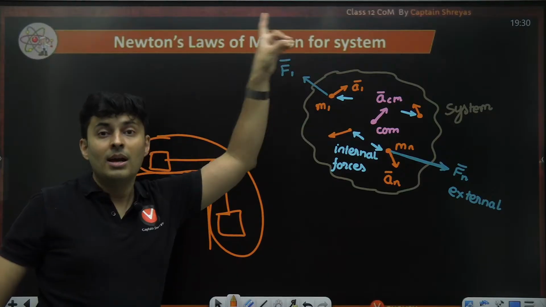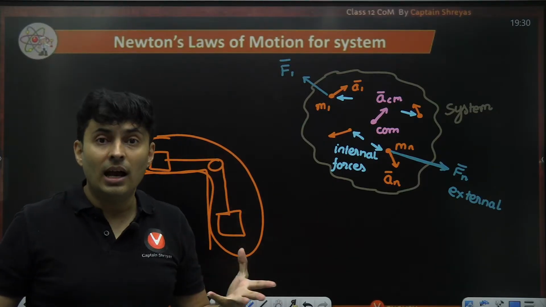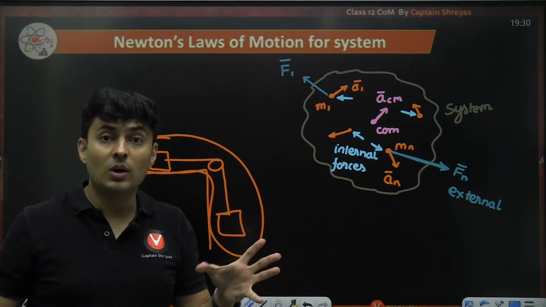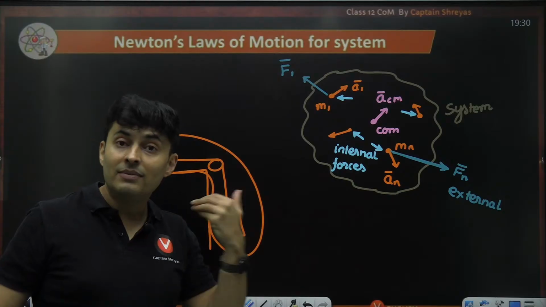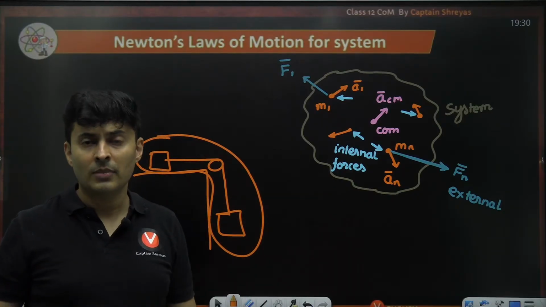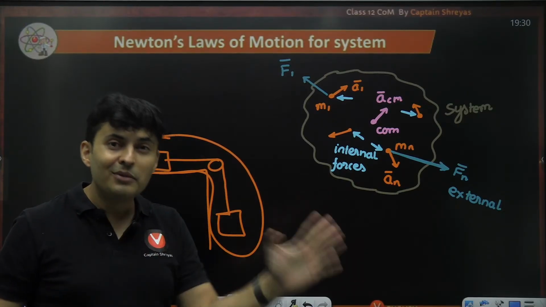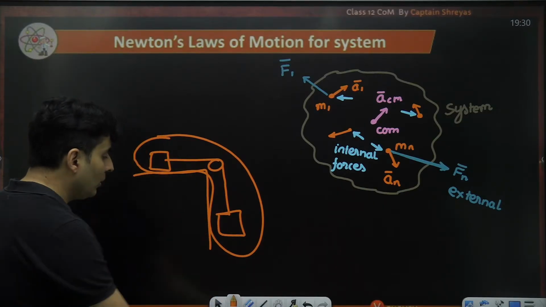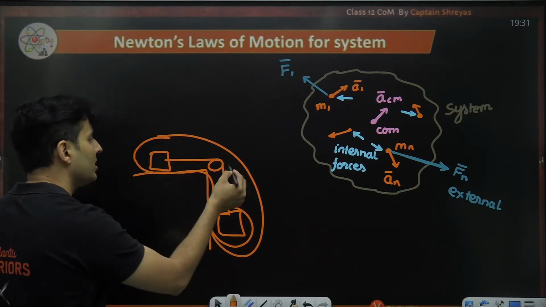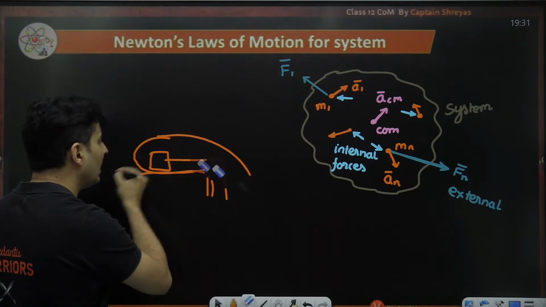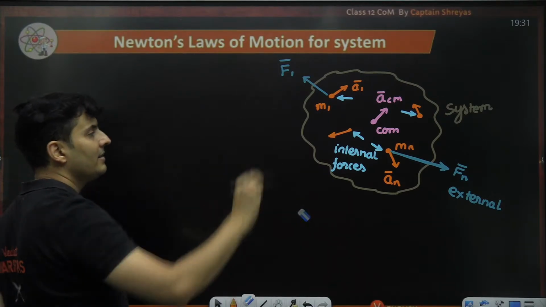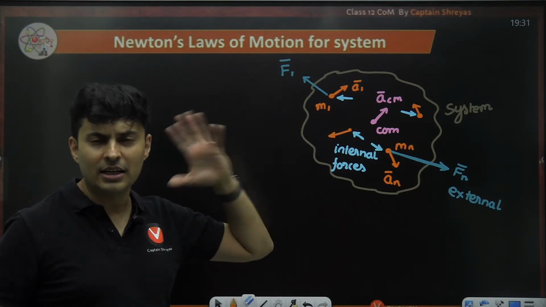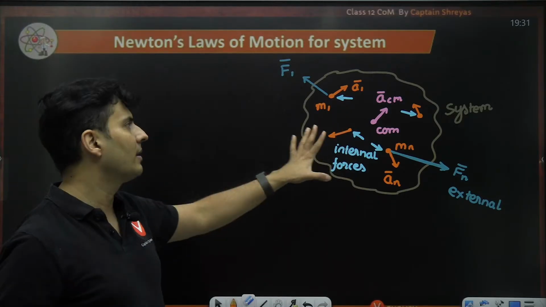Now this law allows me to apply Newton's law for multiple bodies, even if they have different acceleration, whether they are connected or not connected, doesn't matter. Till now, we used to take this body separate, pulley separate, nothing like that. Now, this is for any system with multiple bodies connected internally, externally, doesn't really matter.